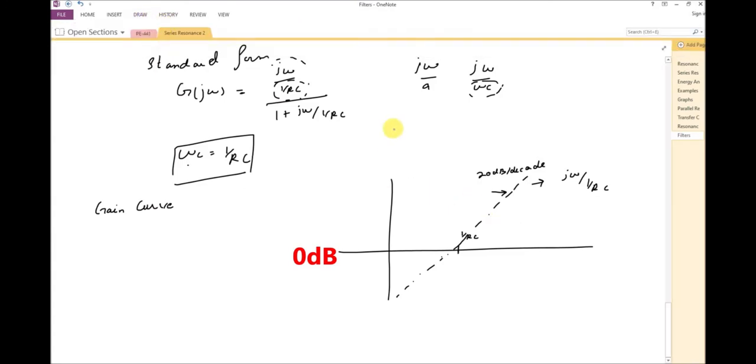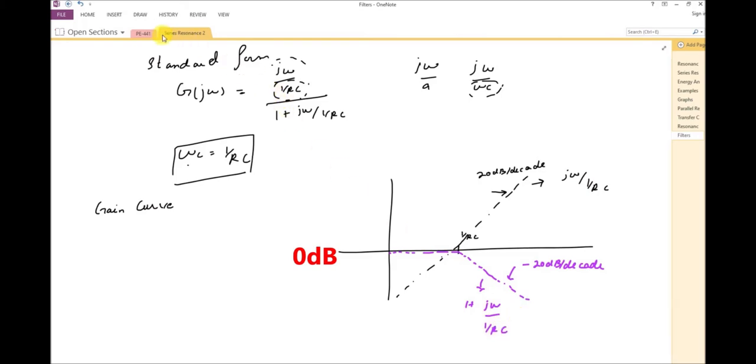Now for the pole, it will have a value that is 0 till the corner frequency or the cutoff frequency, and after that it will start decaying at minus 20 dB per decade, right? And this particular curve is for 1 plus j omega over 1 by RC.